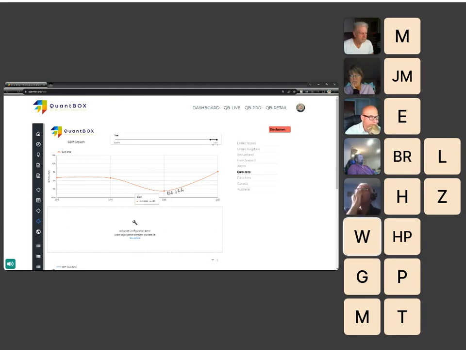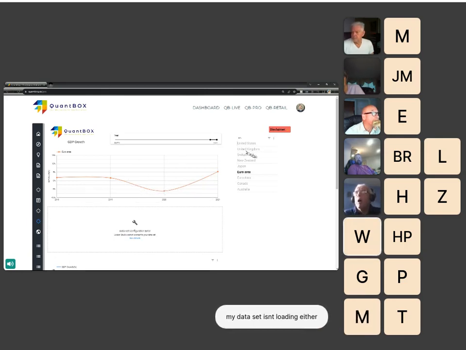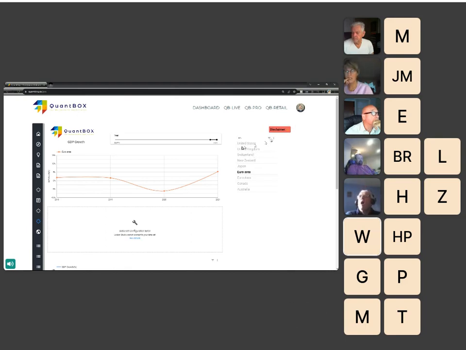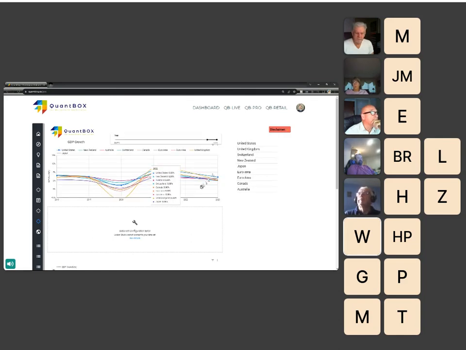How's Europe doing? I guess we need to see if this GDP is going to come down. It's hard to compare, like going negative 5%.